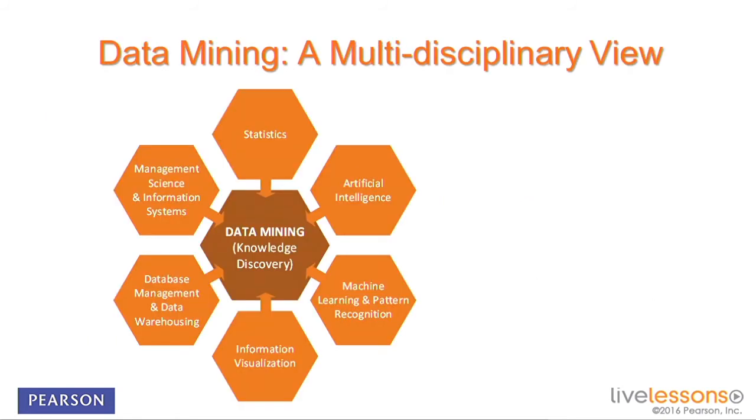So data mining is not a discipline by itself. It is a philosophy, if you will, that sits in between many different disciplines and takes advantage of their capabilities. The disciplines that it leverages include statistics, a little. So data mining is not really statistics, but it does consume a good portion of statistics. A lot of the artificial intelligence, machine learning, pattern recognition type of algorithms make up a big portion of the algorithmic extent of data mining.